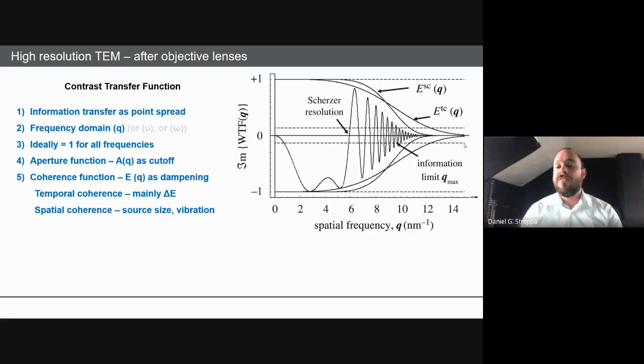And then the last, you have this oscillation function that's related to the aberrations. In a first approximation, this is related to the defocus that you use for your lens and the spherical aberration. The lenses are looking at a certain plane, but electrons at a different position in X and Y are going to transfer in a different way.